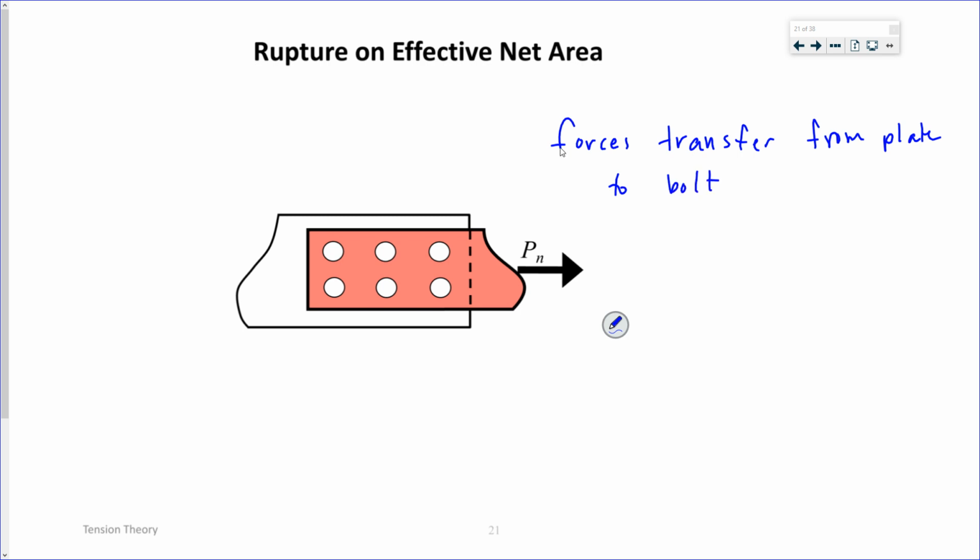Kind of like flowing, right? If you're pulling, you're gonna feel it in the middle first, and eventually get to the bolts, right? It's called the flow of forces.